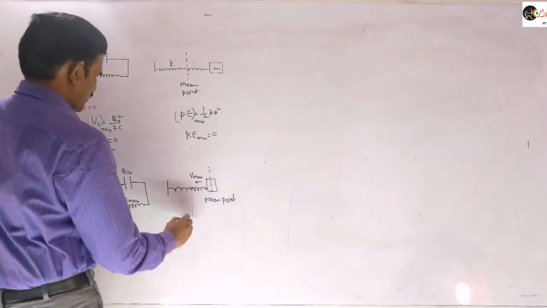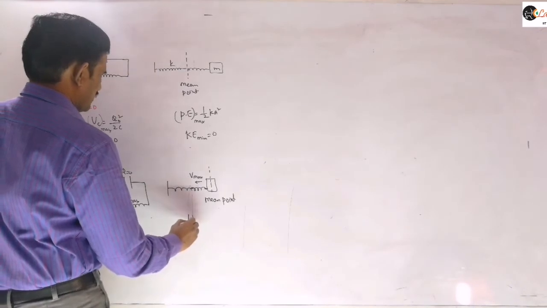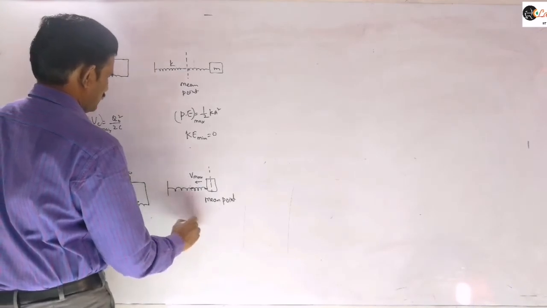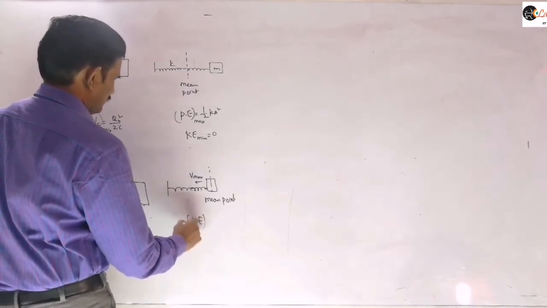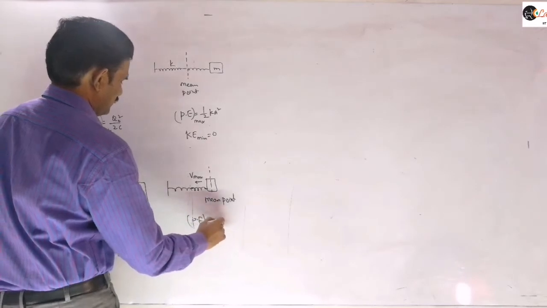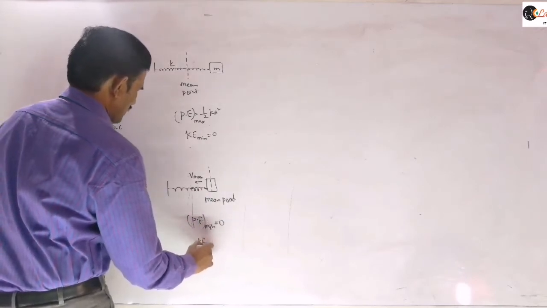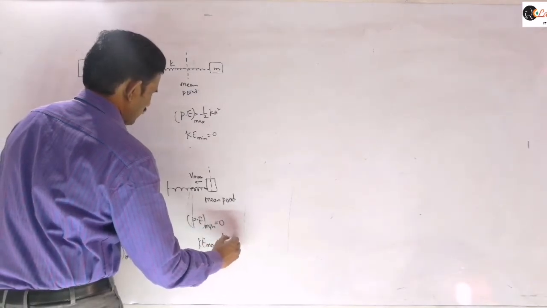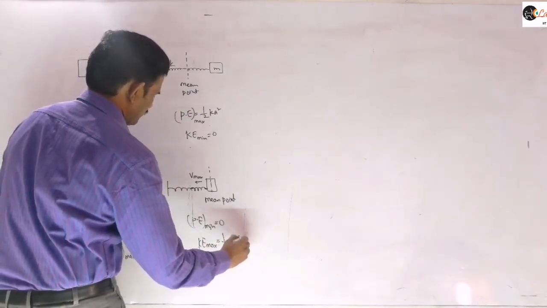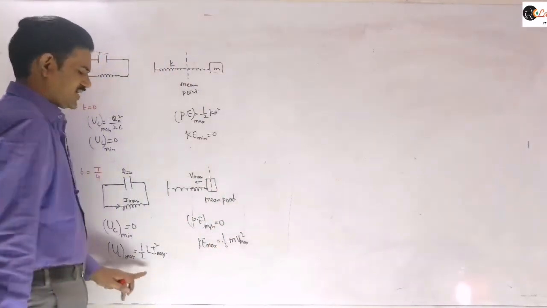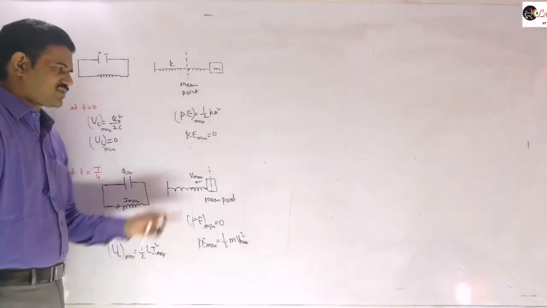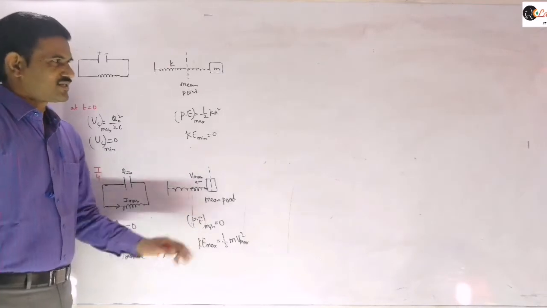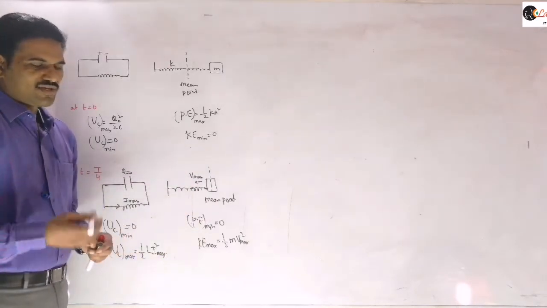Similarly, here the potential energy will be minimum, and the kinetic energy will be maximum, which is half m v maximum square. This will be numerically equal to q naught square by 2C by conservation of energy. That is just a comparison.